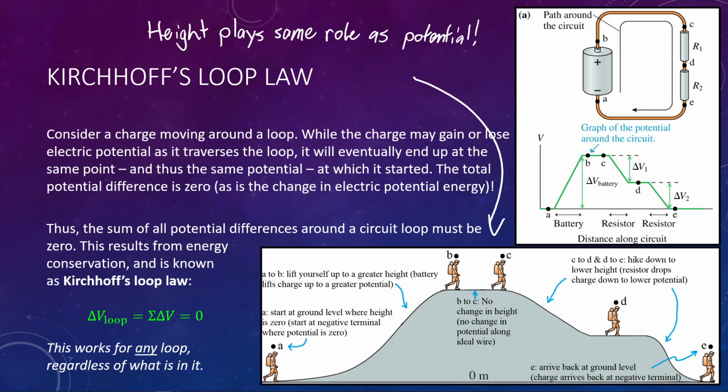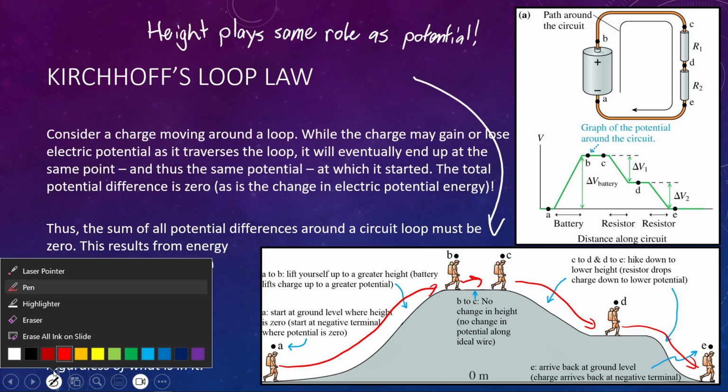Higher height in gravitational potential energy means higher potential with electric potential energy. These analogies are so useful to someone like me who's a visual learner, and I think really most people are visual learners. Being able to relate what's going on in our circuit to something we can visually imagine in the real world, I think is incredibly beneficial. Or if you're not a visual learner, you didn't like the analogy, then just pretend I didn't say anything for the last 3 minutes, right? But hopefully you find that useful.